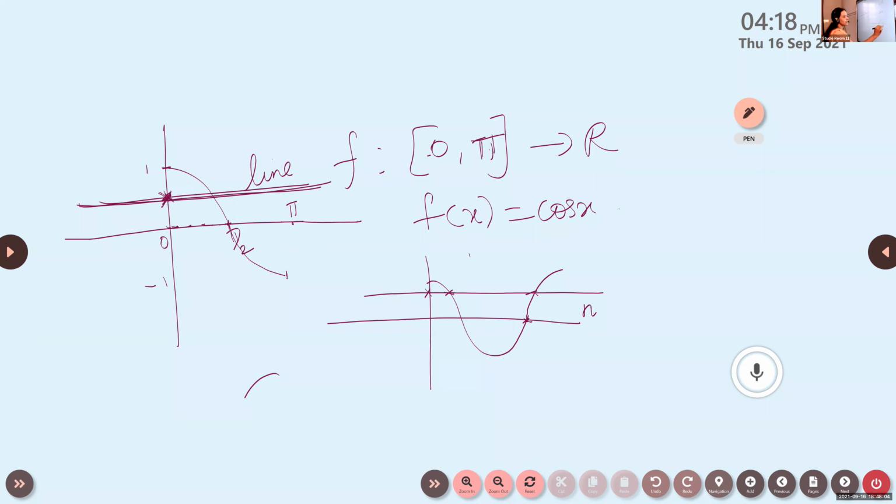In that case, it is not one-one. From the graph you can find like this. For checking one-one, the easy way is to draw a line parallel to the x-axis. If it cuts the curve at 1 point, it is one-one. If it cuts the curve at more than 1 point, it is not one-one.